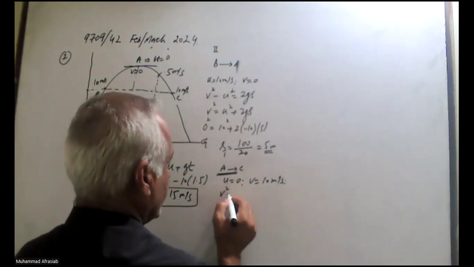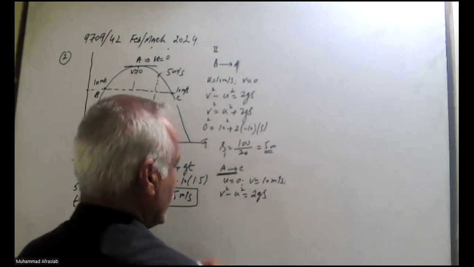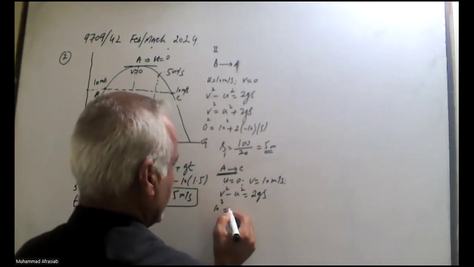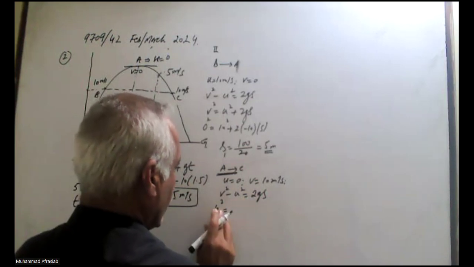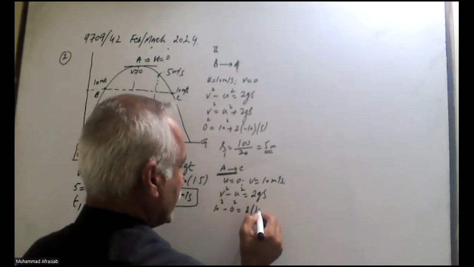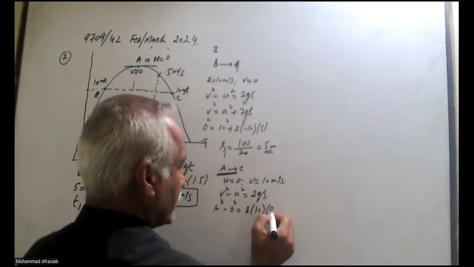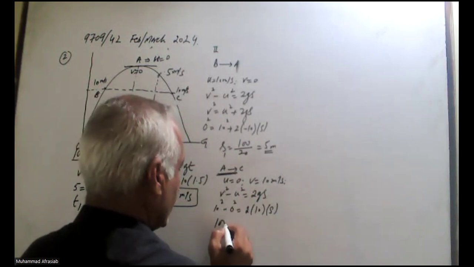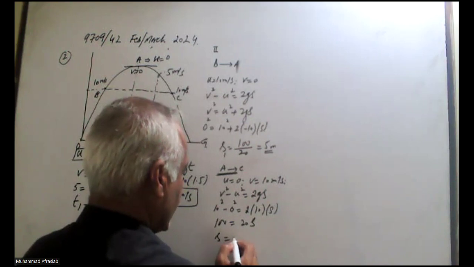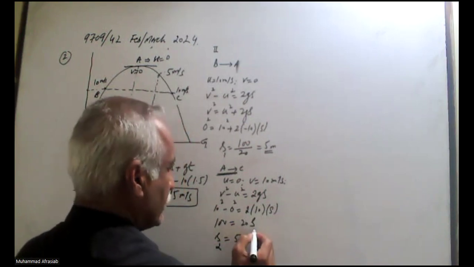We use the same equation, v square minus u square is equal to 2gs. 10 square minus 0 square is equal to 2 into s, and because it is coming downwards, g is taken positive. So 100 is equal to 20s, or s is equal to 5 meters. Let's say that is s2.